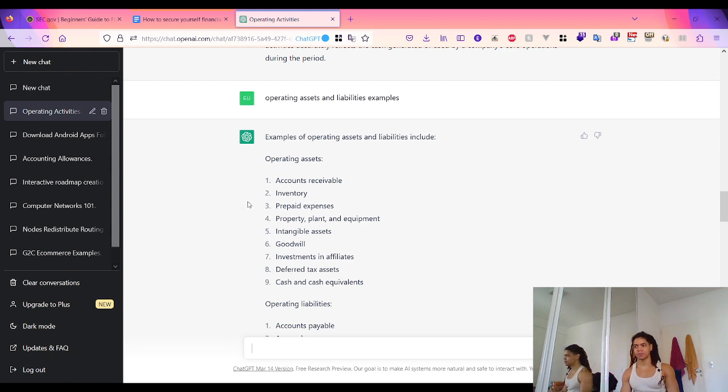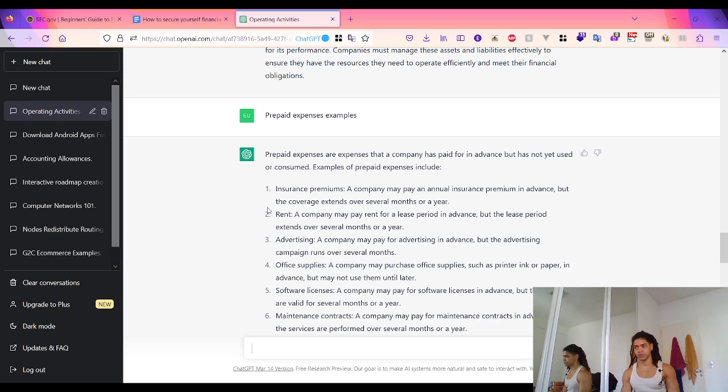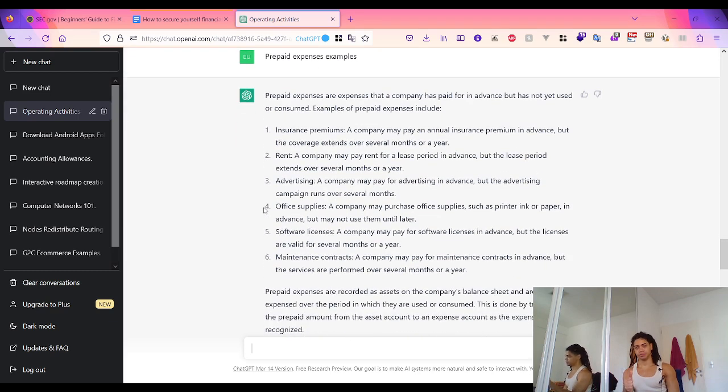And when you talk about prepaid expenses, it is any payment that you make in advance, but you haven't used, enjoyed, or consumed yet. So, for example, insurance premiums, rent, advertising, office supplies.